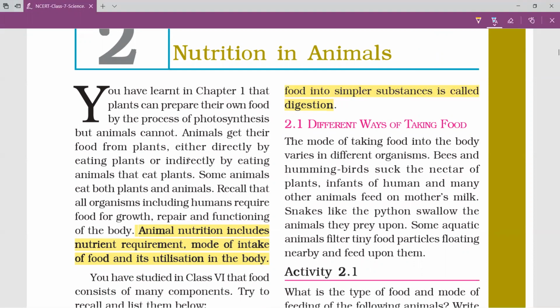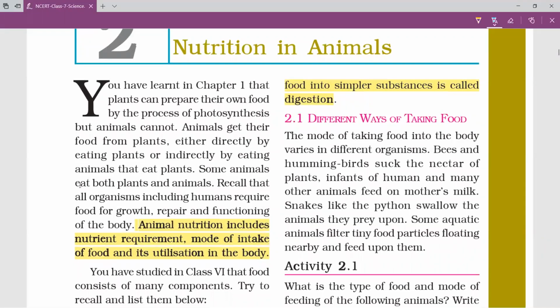Everyone knows we need food for growth, for repair of the body, and for proper functioning of the body. Here you will see animal nutrition, which includes nutrient requirement. First we need nutrients to be taken. Then the mode of intake of food is different in different animals.